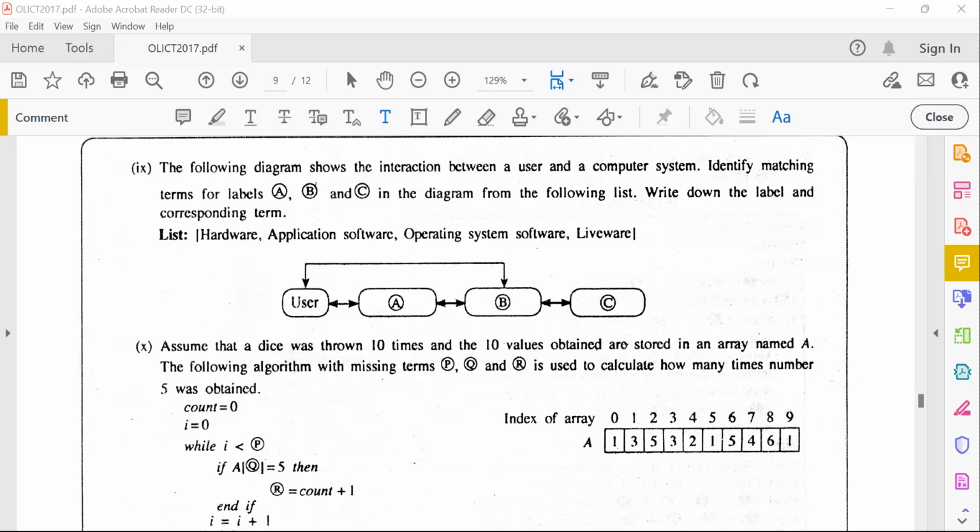So you start with user, and then we have A, B, and C. What do you think about the labels A, B, C?